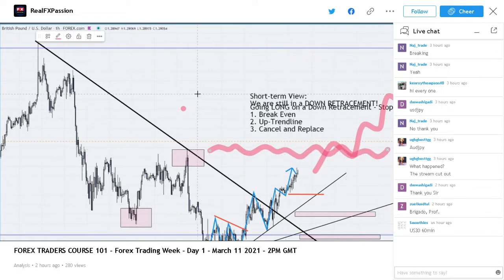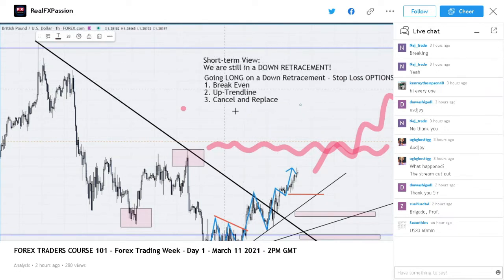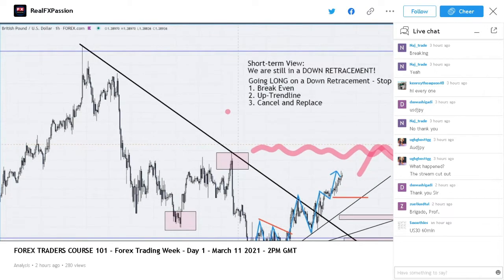If you're a beginner trader and you are in, maybe you would consider partially taking profit, so going long. Why? Because we are going long on a down retracement still. Oh, it's an up retracement? No, this is a down retracement, everybody.